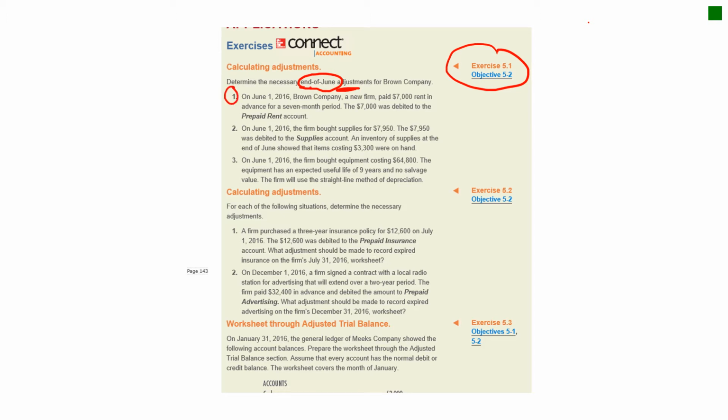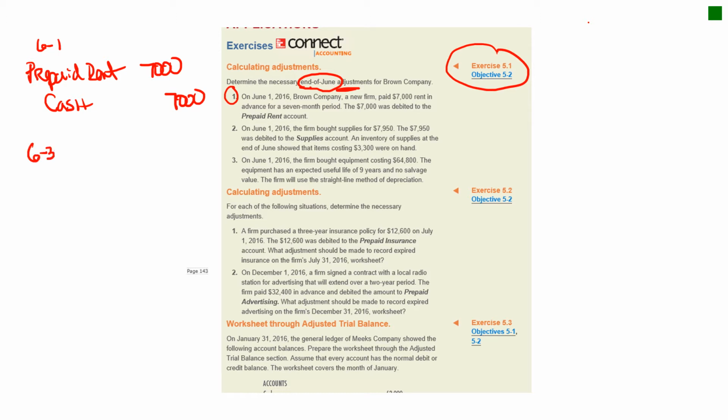Starting with number 1, it says that the Brown Company paid $7,000 rent in advance for a 7-month period. The $7,000 was debited to prepaid rent. So what they would have done is debit prepaid rent for $7,000 and credit cash for $7,000, of course on June 1st.